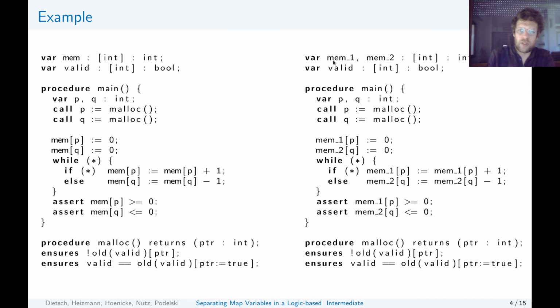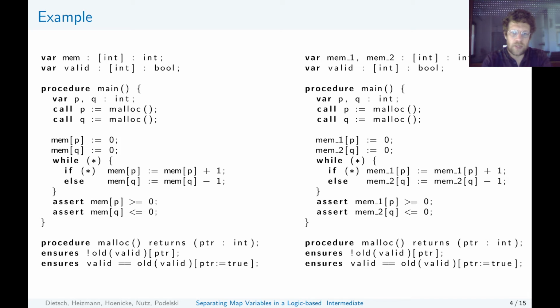Because mem has been split into mem1 and mem2, the stored chains we have to look at, which can be long, of course, because the while loop can have been unrolled an arbitrary number of times depending on our verification strategy, are much simpler, since we don't have to consider updates to q when we're analyzing this read on p. Okay, so this is what our program transformation will achieve.